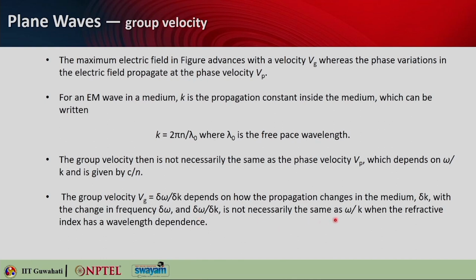And it is not necessarily same as omega over k when the refractive index has a wavelength dependence. So if n is different for different wavelengths, there are materials which are dispersive in nature. That means the refractive index is not same throughout. At different wavelengths they have a slightly different refractive index. For those kind of materials also, group velocity and phase velocity will not remain same.